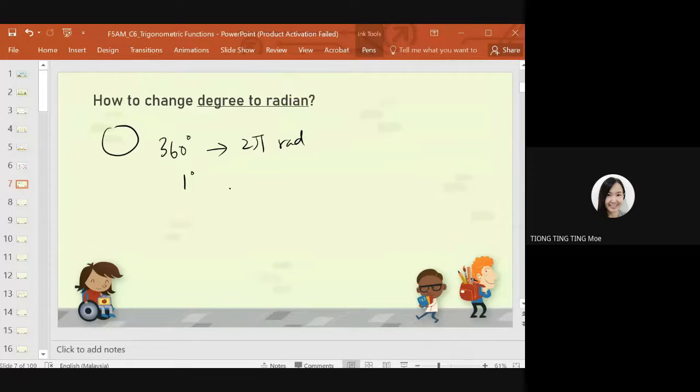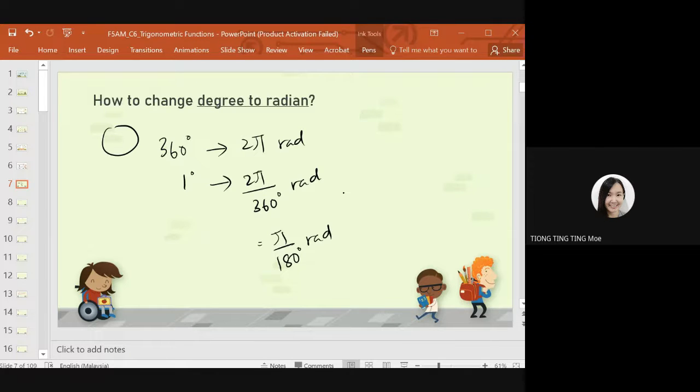So 1 degree is how many radians? 360 degrees is 2 pi radians, so 1 degree is this one: move to the other side, it becomes divide, 2 pi over 360 radians. So this is equal to pi over 180 radians.